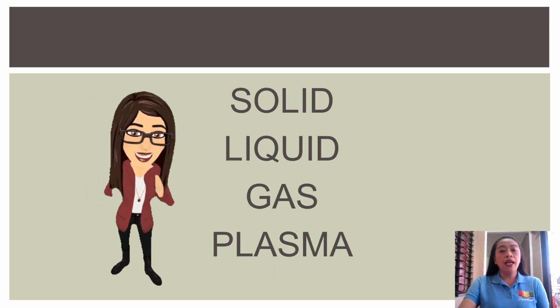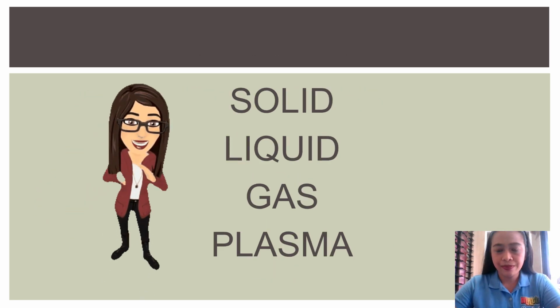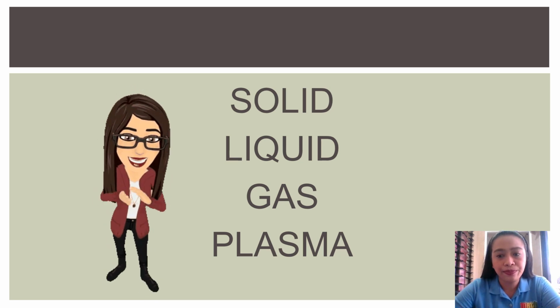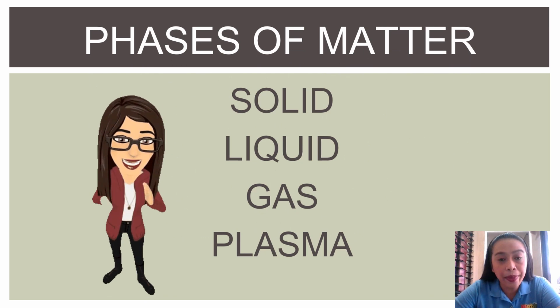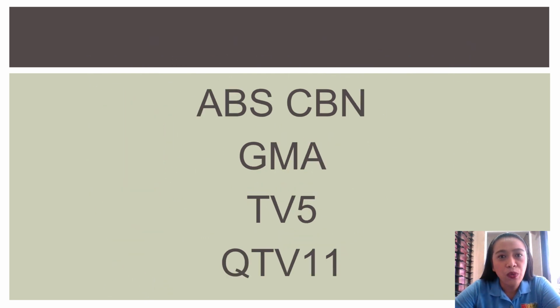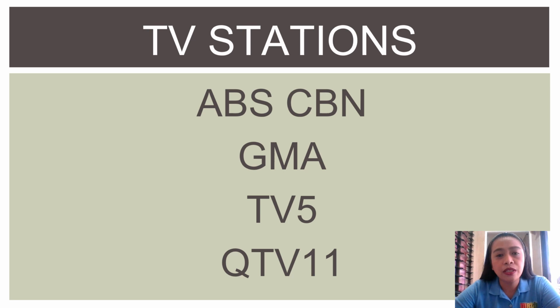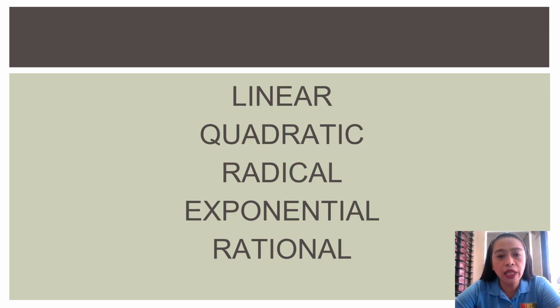Solid, liquid, gas, and plasma. Yes, these are phases of matter. Then we have ABS, CBN, GMA, TV5, and QTV11. Yes, these are TV stations. We have linear, quadratic, radical, exponential, and rational.